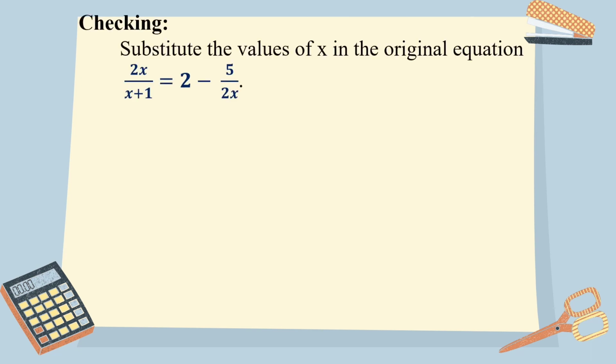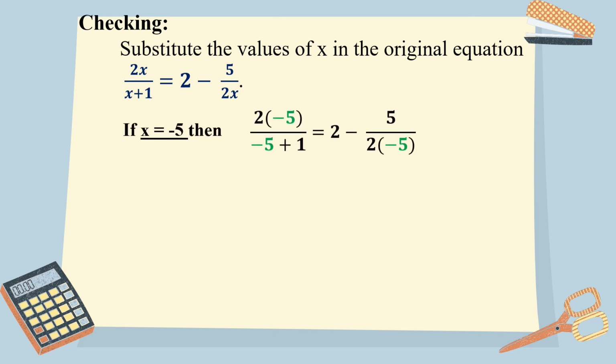Okay, let's check. Same process. Substitute the root in the original equation. We have 2 times negative 5 all over negative 5 plus 1 is equal to 2 minus 5 all over 2 times negative 5. 2 times negative 5 is equal to negative 10, while negative 5 plus 1 is equal to negative 4.